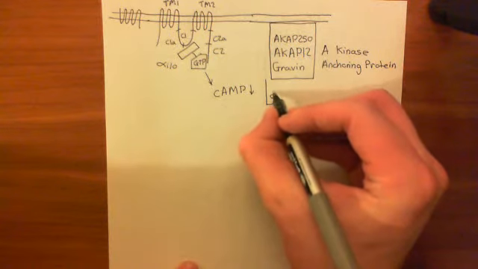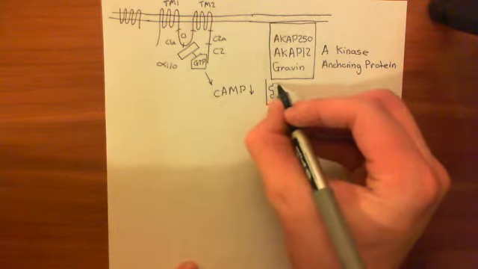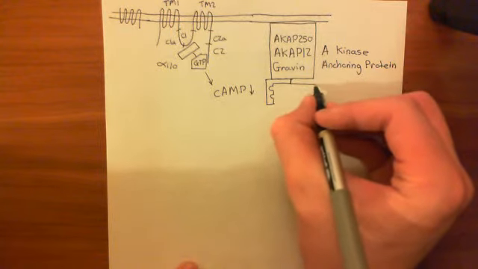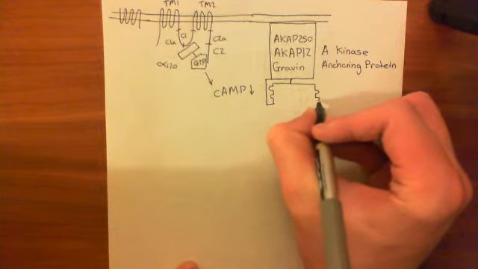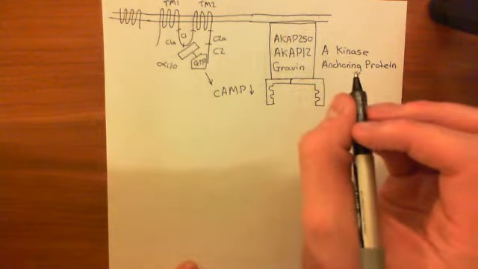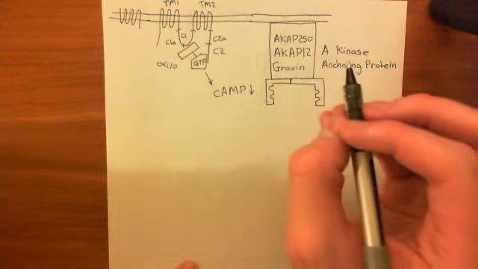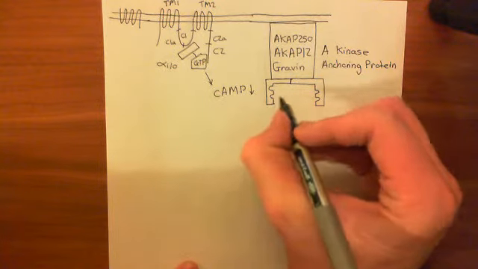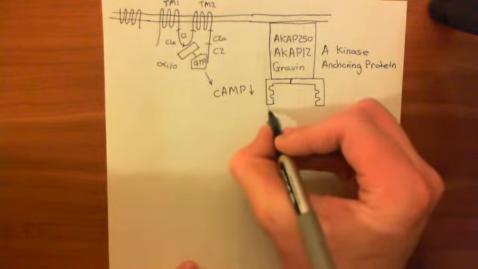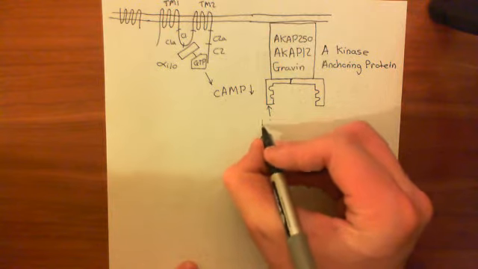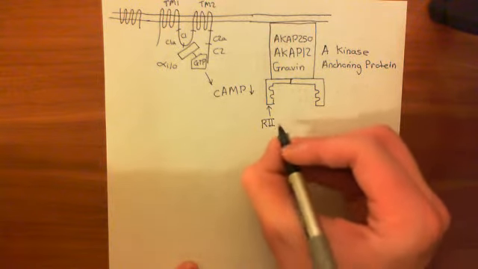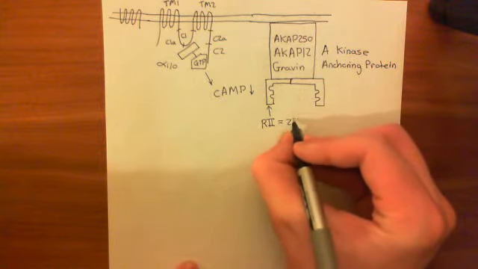So here is our protein kinase A, and in the inactive state, protein kinase A is in these R2-C2 complexes, and this is something that's quite confusing about protein kinase A. There are two types of subunits of protein kinase A. It's a big structure, and there is a regulatory subunit of protein kinase A, of which this is the R2, the second regulatory subunit.